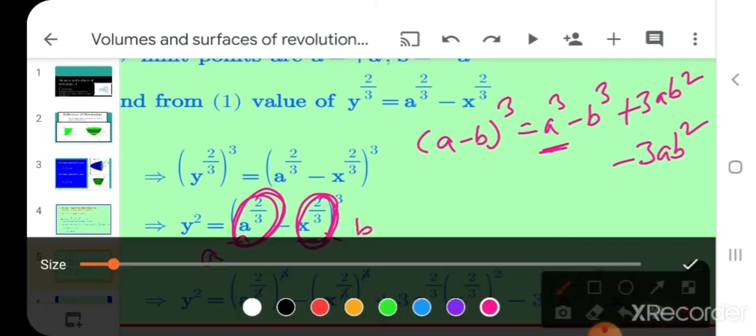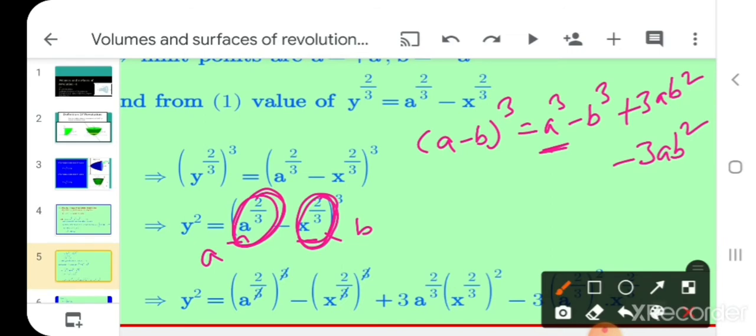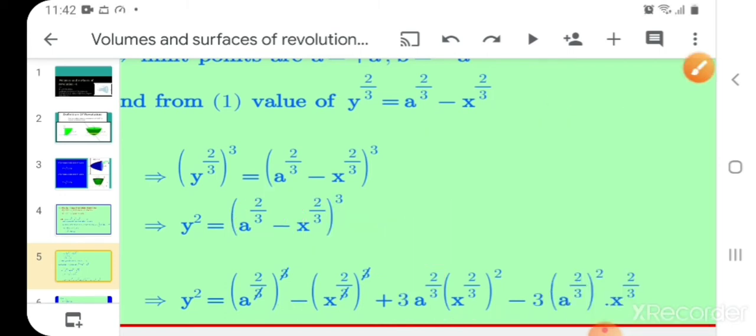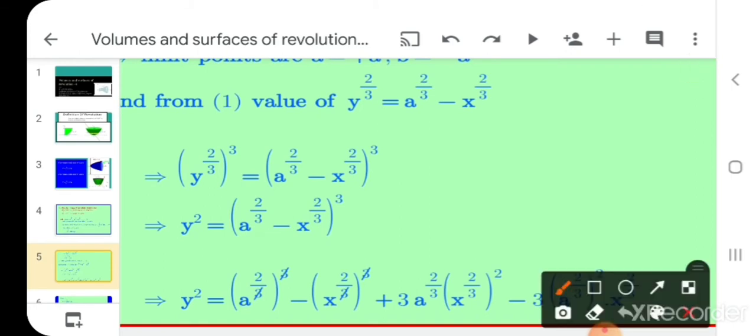What do we write first? a cube. See, first we write a cube. a cube means a power 2 by 3 whole cube. This is a cube. Next, minus b cube, I write minus, and b cube means x power 2 by 3 whole cube, plus 3ab square, this is a, this is b square, and minus 3a square b, that is 3 a power 2 by 3 whole square x power 2 by 3.